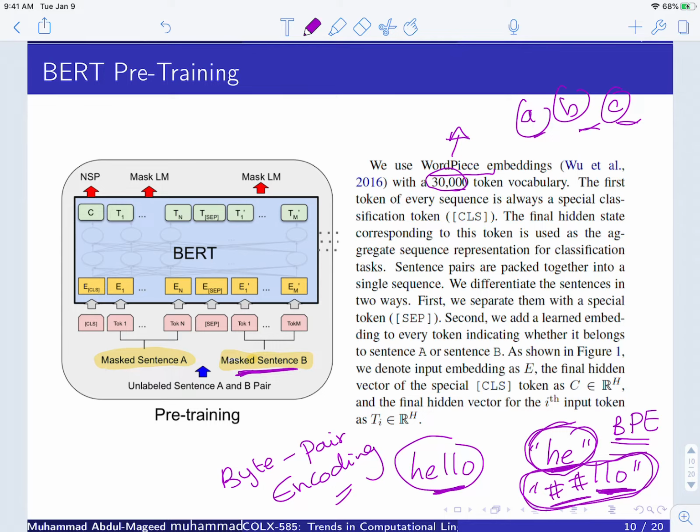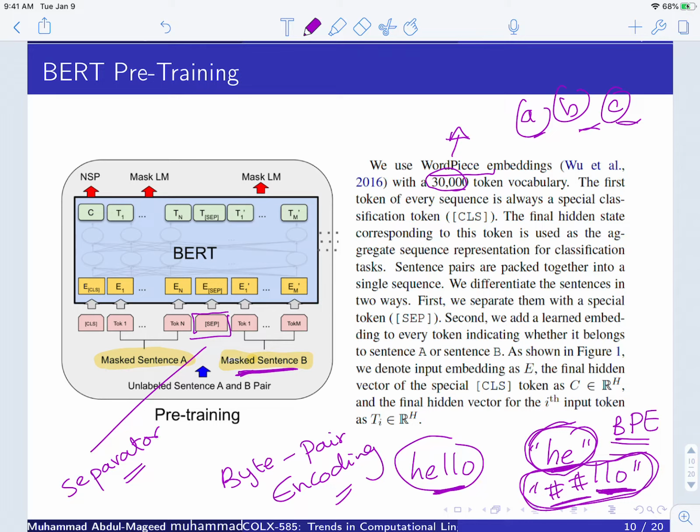Well, we pass each of these sentences to the model, but we need a way to know that they are two sentences. So we separate them with an artificial token, SEP, for separator. It's literally SEP, and we put this token to split the two sentences.